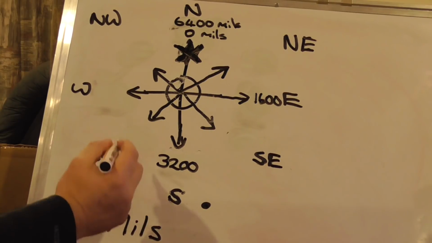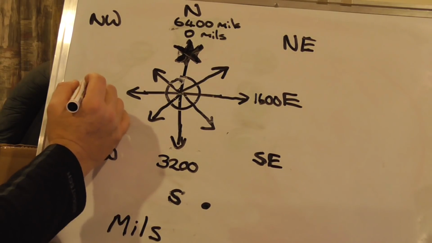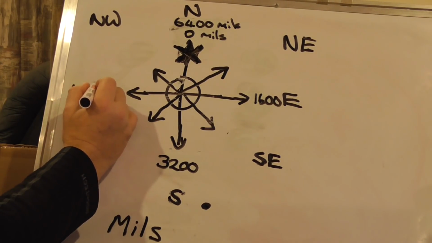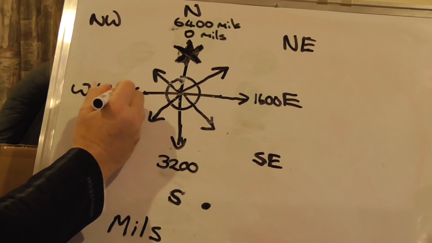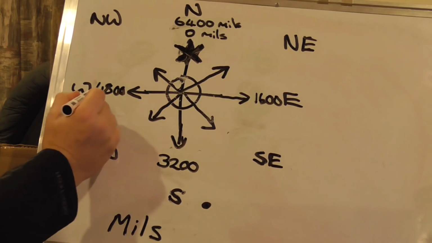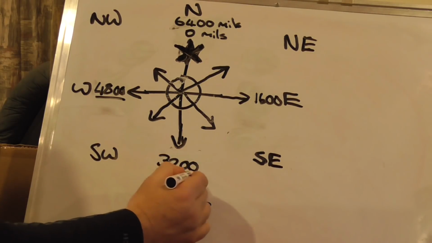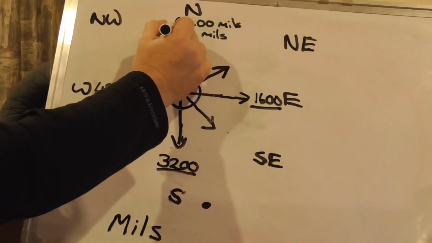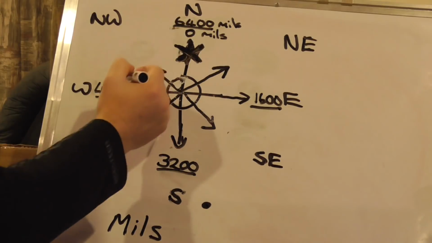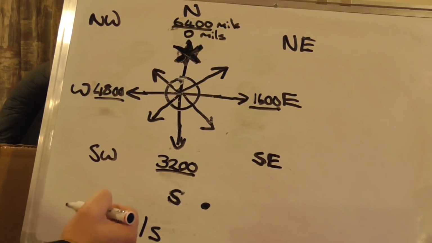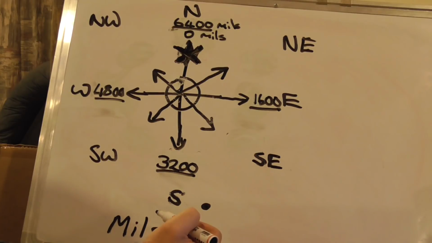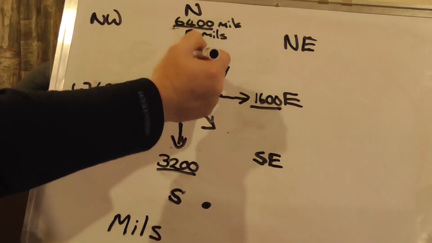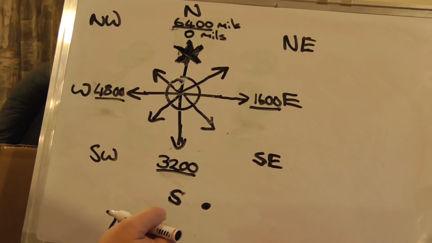Okay, and out to the west here we're looking at 4800 mils. And then of course it would come back up and finish off at 6,400 mils, which is the same as 0 mils. You can use whatever you want, but normally we would say 6,400, knowing that we're heading north.